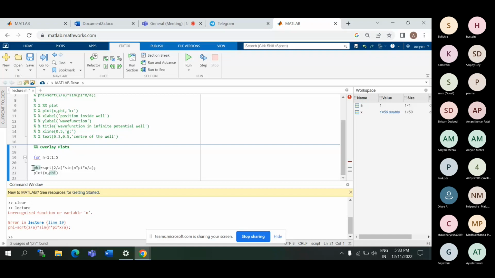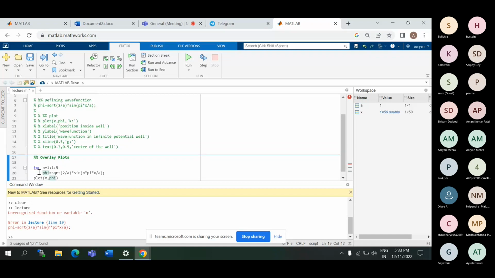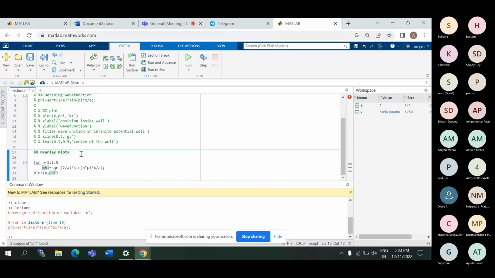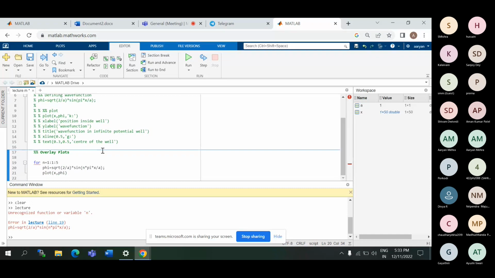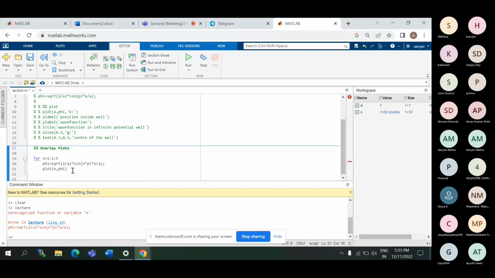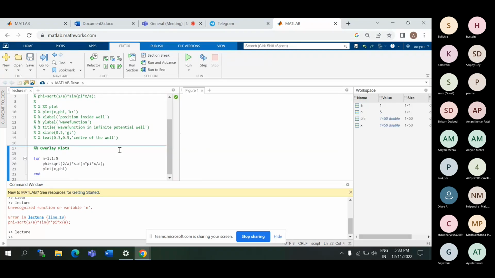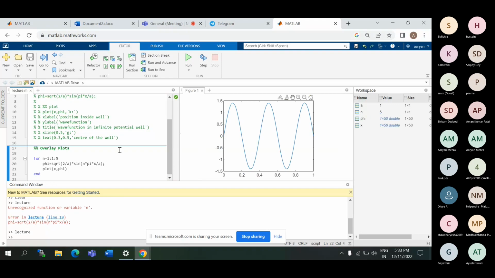So for n 1 to 5, my phi is this and my plot is this. But this will not show you anything. I can show you. Let's run this. You see, can anyone tell what this plot is telling you?